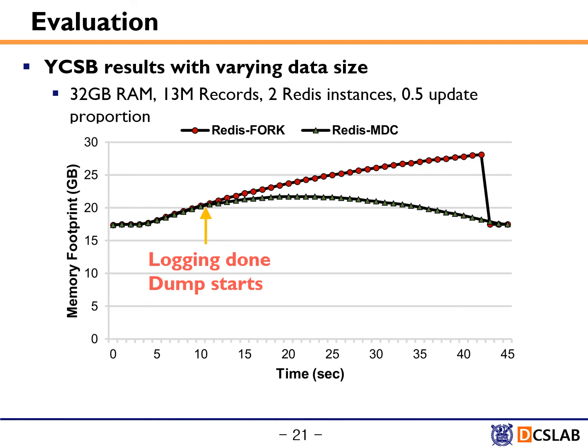On the other hand, Redis MDC finishes the logging step within 11 seconds after the checkpointing process starts. It then starts to perform the physical memory dump while returning the pages to the OS. As a result, the increase in memory footprint starts to slow down after that.